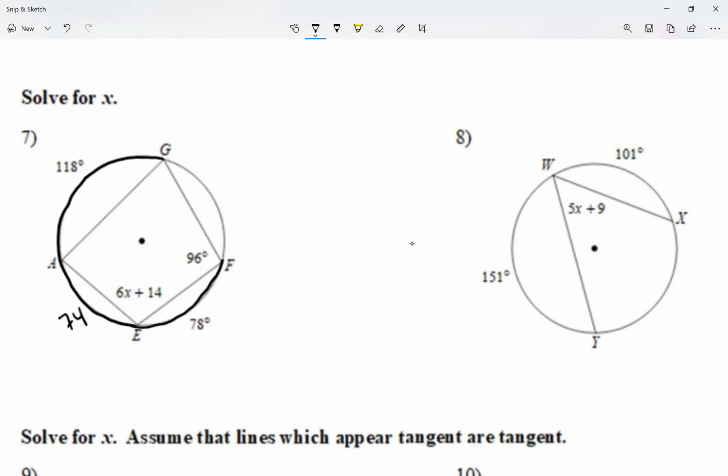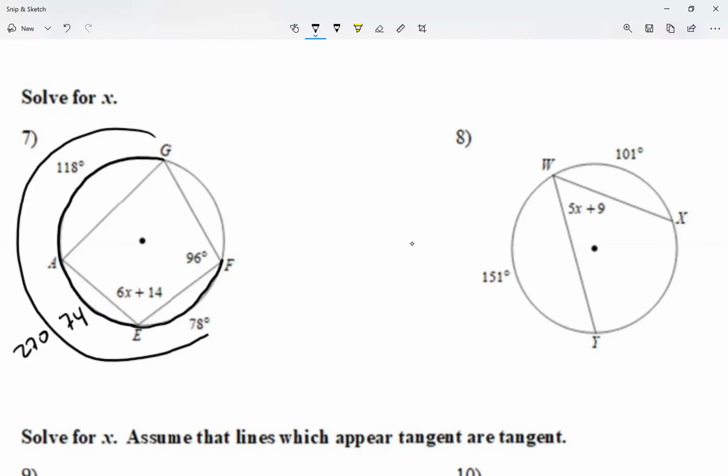So I can add them all up, right? I can find out how big that arc is. So I'm just going to go 118 plus 74 plus 78. So I figure the whole arc is 270. This whole thing is 270.